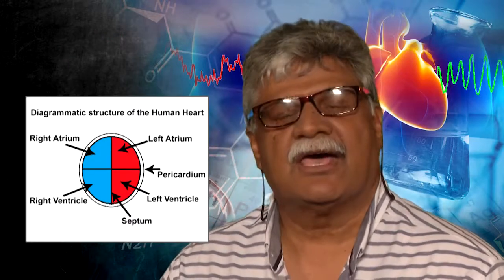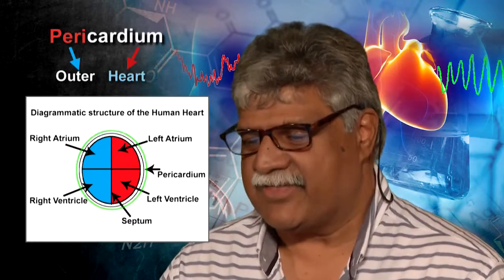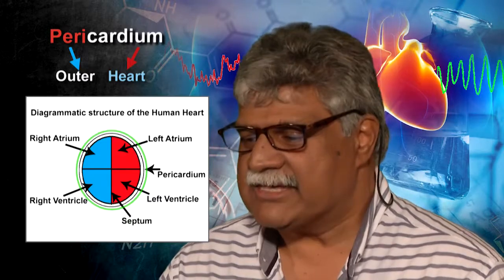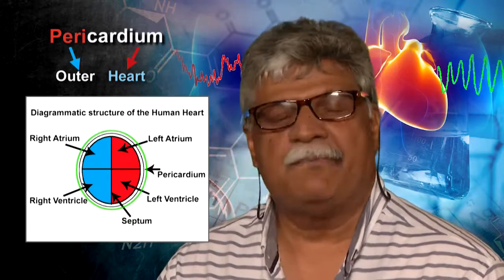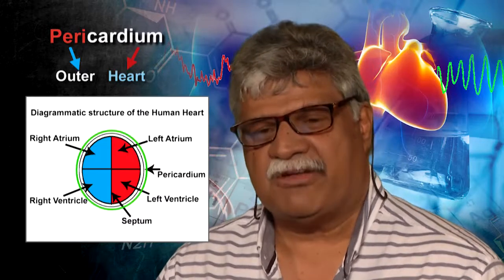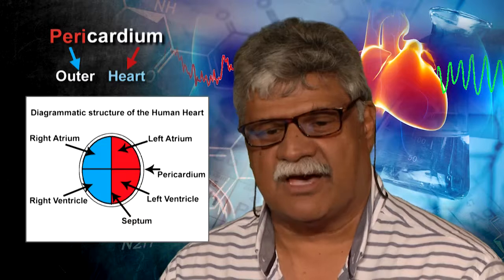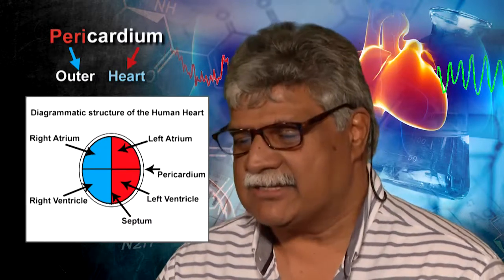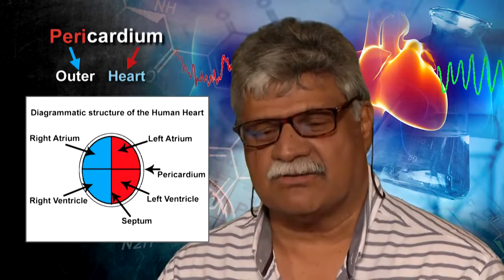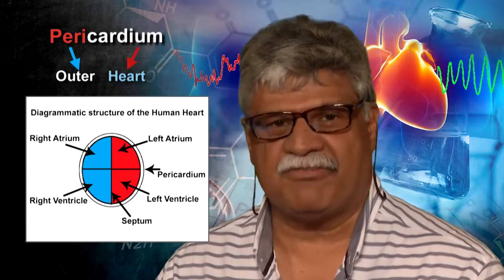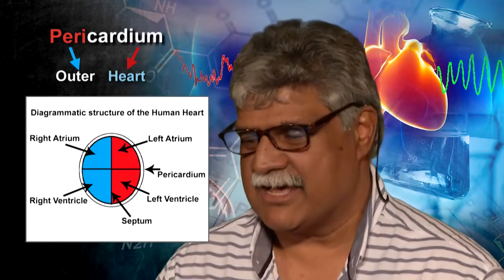The first circle on the outside is the pericardium. Peri comes from the word perimeter, so it is the outermost covering, and cardiac refers to the heart. So the pericardium is this tough membrane that protects the heart.